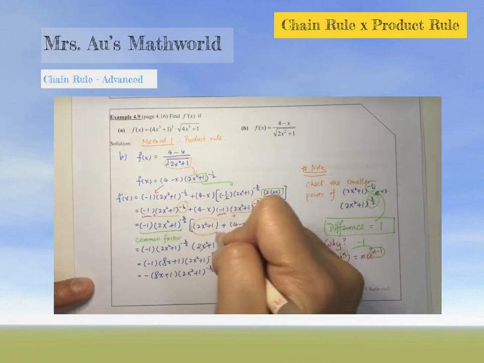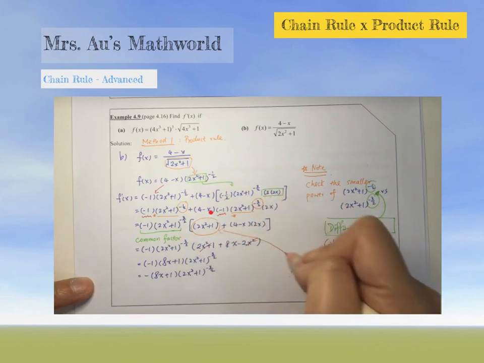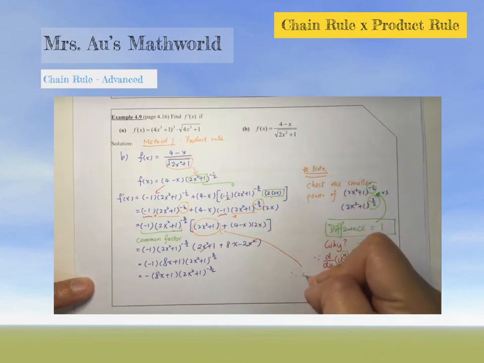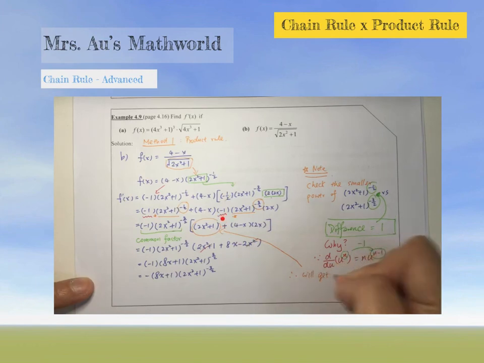Why is it a good thing? Because this factor is always nice and it must be with power 1, so you can simplify it with the things inside the bracket. Okay, the nice means this one must be 1.